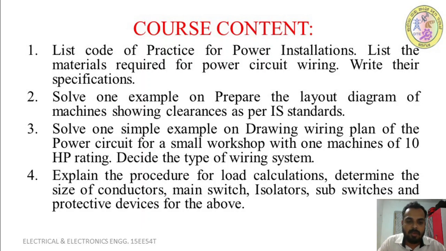Next, solve one simple example on drawing the wiring plan of the power circuit for a small workshop with one machine of 10 HP rating and decide the type of wiring system. Next, explain the procedure for load calculations, and determine the size of conductors, main switch, isolators, sub switches and protective devices for the above problem.